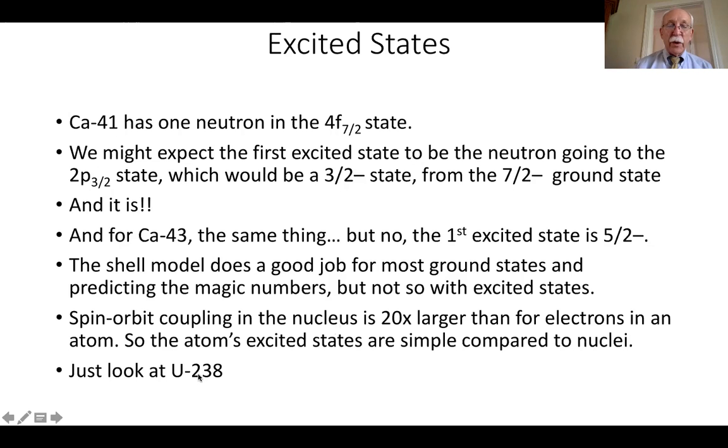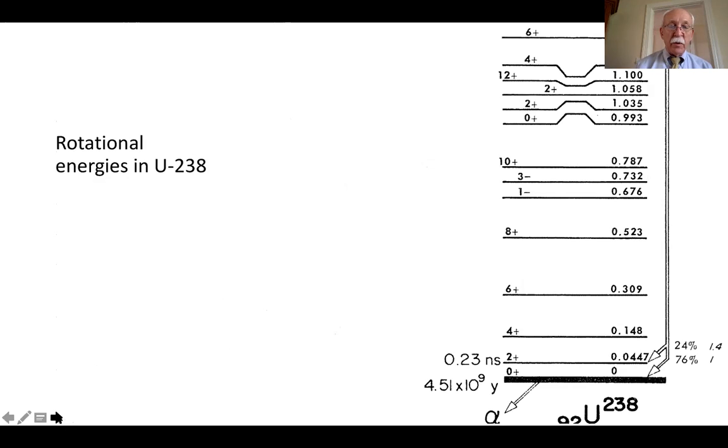Let's just look at uranium-238 as an example. When we look at this, it doesn't fit energy gaps at all that we might expect for the shell model. As a matter of fact, these energy states here are best described by the rotational energy.